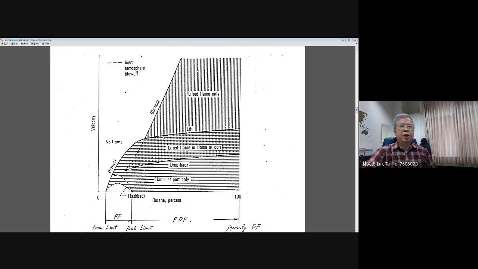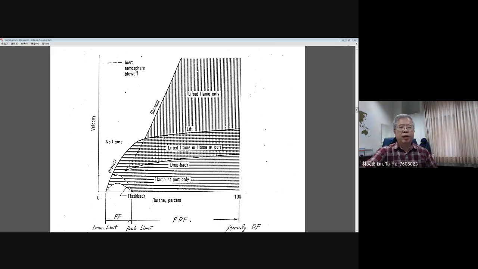If you continue to increase velocity further, the flame will stabilize at a certain point in your flow. That means the lifted flame. Now you continue to increase the velocity, and finally you end up with a so-called blowout. The diffusion flame cannot be stabilized in your flow.